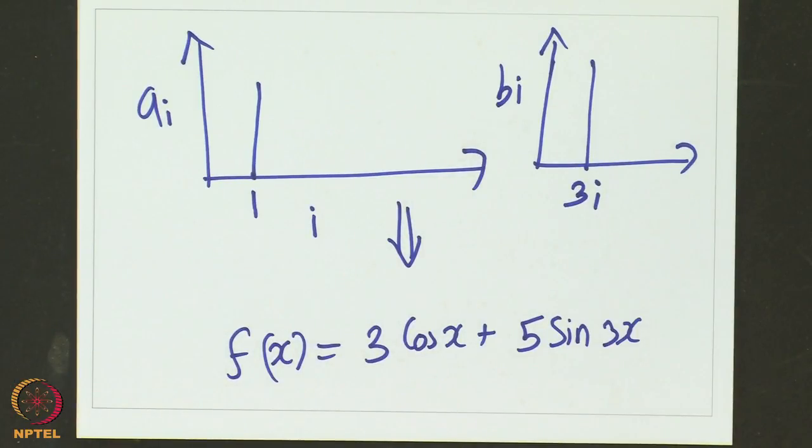So basically what am I saying? If I specify Ai and Bi, I can specify a function f of x. I could specify many Ai's and many Bi's, then I would get some function f of x. There are infinite numbers, but if I specify only the most important coefficients, the dominating coefficients, that function.